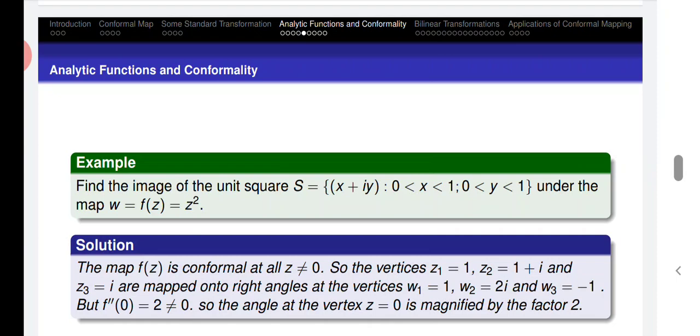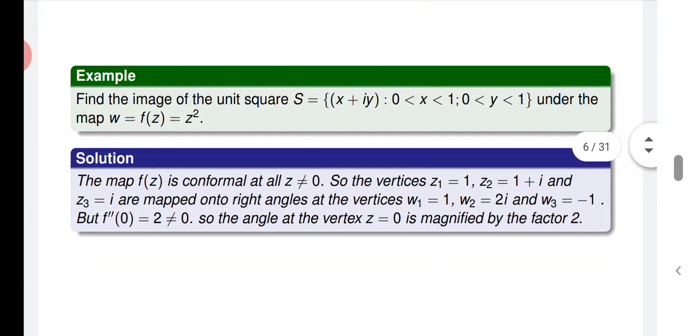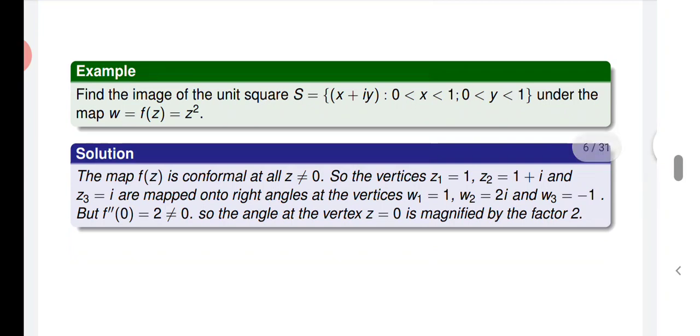So the vertices z1 equal to 1, z2 equal to 1 plus iota and z3 equal to iota are mapped onto right angles at the vertices w1 equal to 1, w2 equal to 2 iota, and w3 equal to minus 1. But f double dash of 0 is equal to 2, which is not equal to 0. So the angle at the vertex z equal to 0 is magnified by the factor 2.